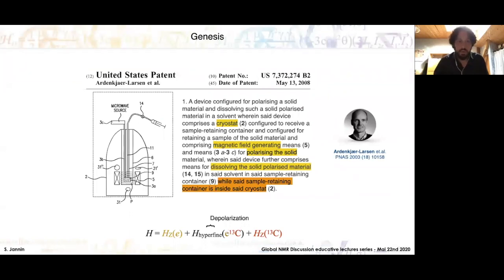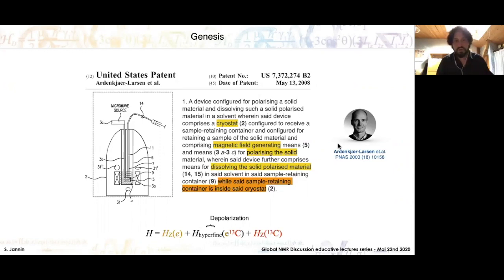So here's the patent that described this invention, where they mentioned the need of a cryostat, a means to polarize the solid, which is a microwave source, and a means for dissolving the solid polarized material. And an important point here is that it is said that it has to be done while the sample is inside the container in the cryostat.